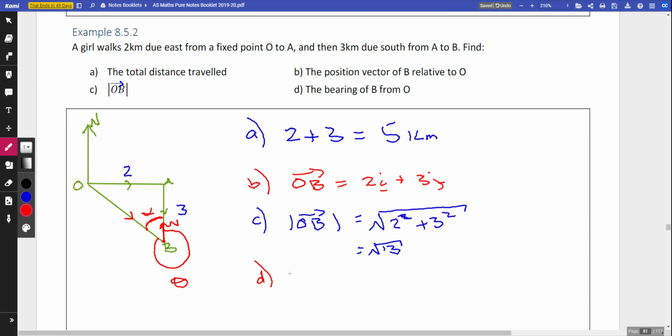So we're just using tan alpha, which is equal to 2 over 3. So I get alpha is equal to 33.7 to 3 significant figures. To find theta, then we would just need to do 360 take that.